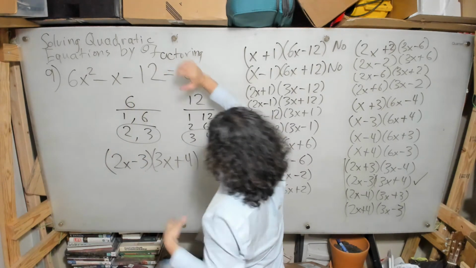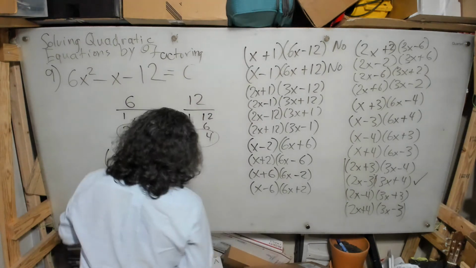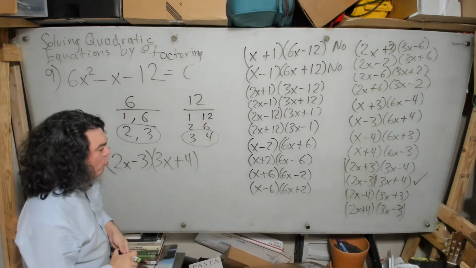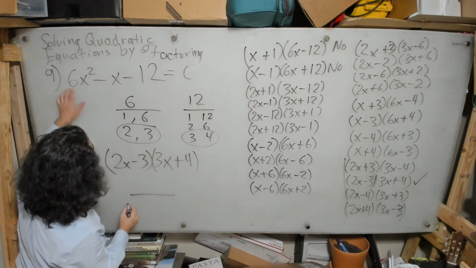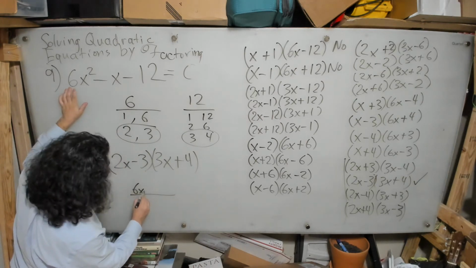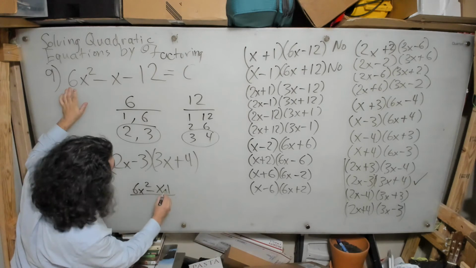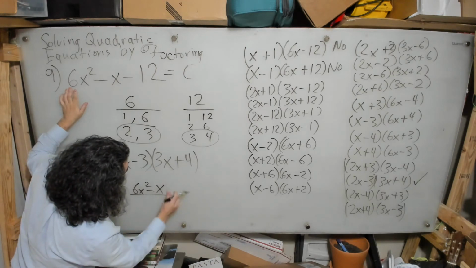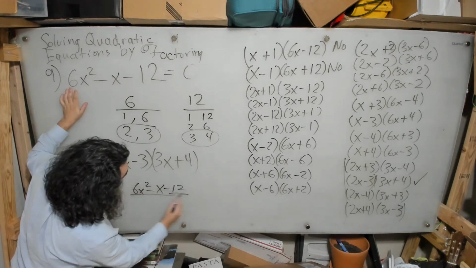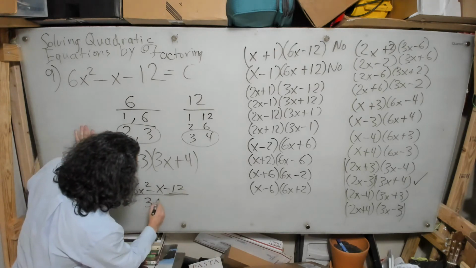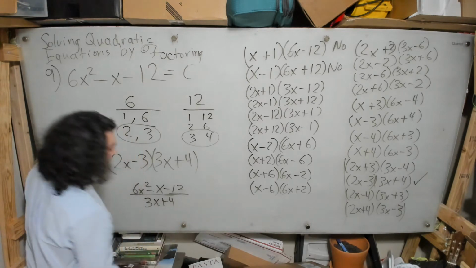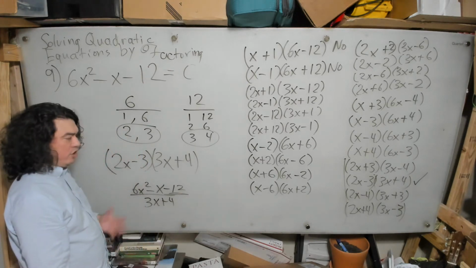Let me give you a preview. Suppose the top was this polynomial, 6x squared minus x minus 12, divided by, just for the sake of ease, 3x plus 4.